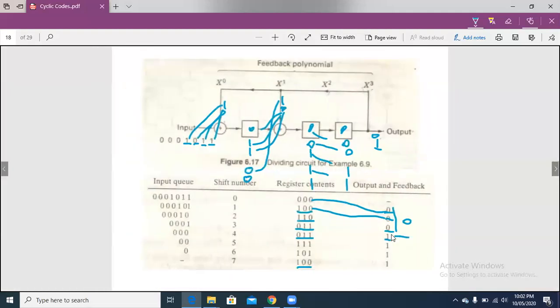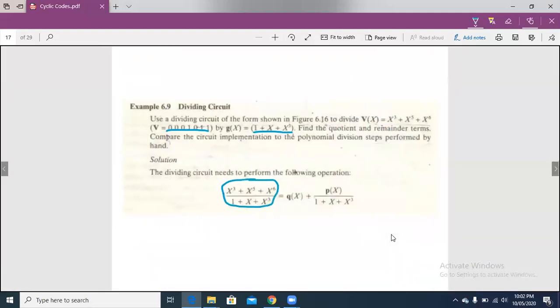This is in fact the code word generated by this divider circuit.